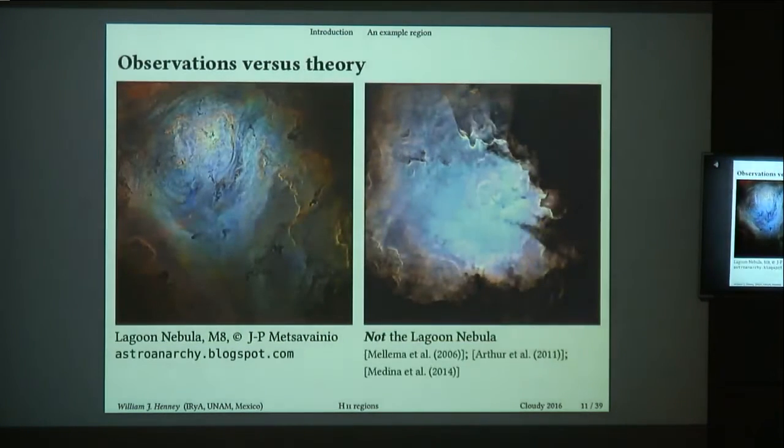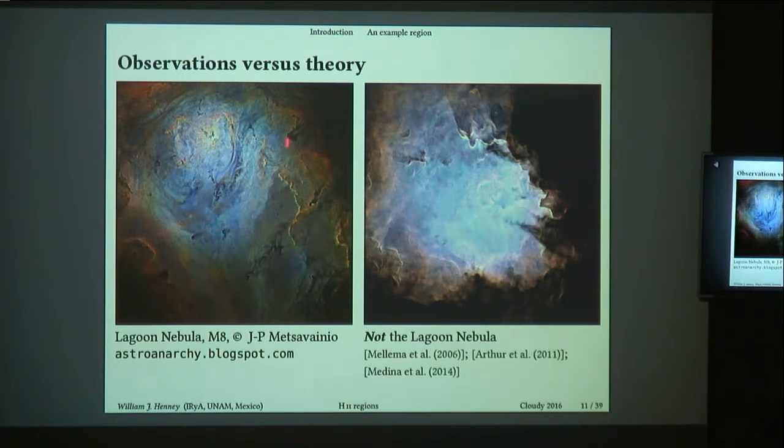Okay, so this is just a preview of what I'm going to show about the simulations. The state of the art from maybe a few years ago, numerical radiation hydrodynamic calculations of the evolution of H II regions, is now doing quite a good job of reproducing the structure in the emission of different optical emission lines that you see in real nebulae.